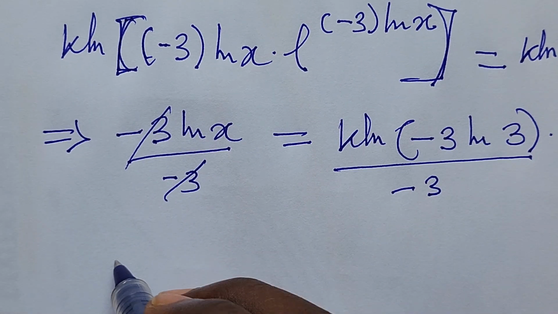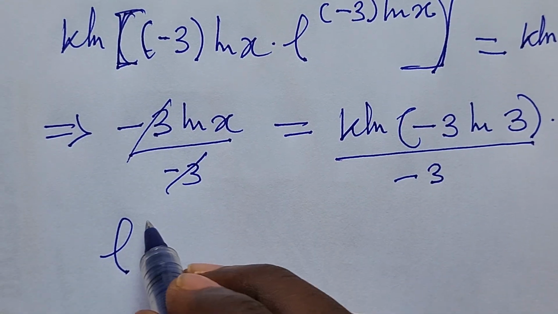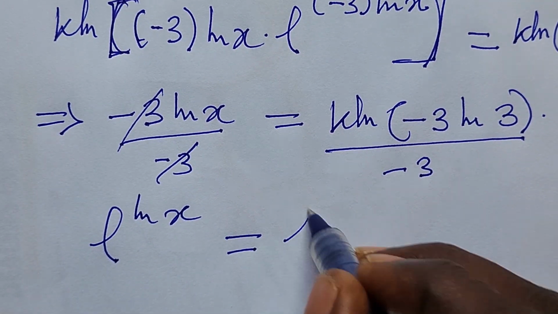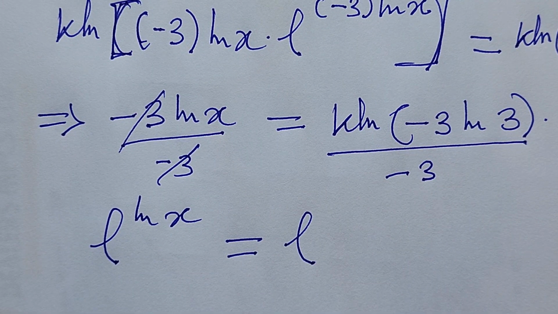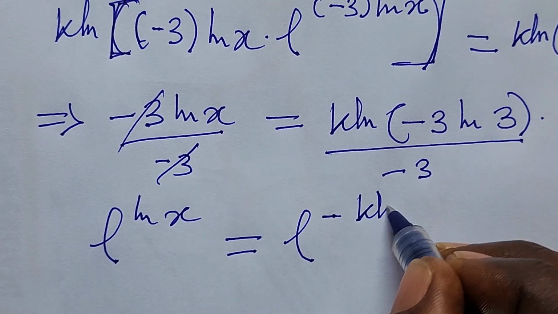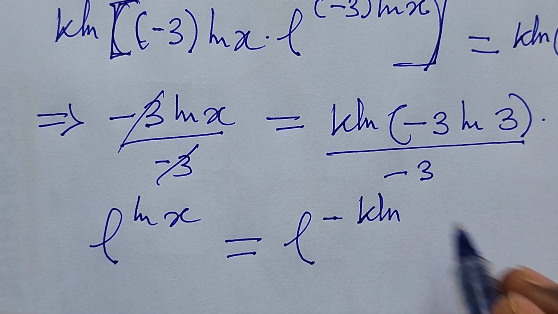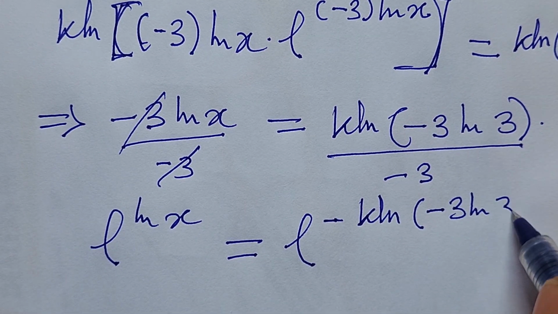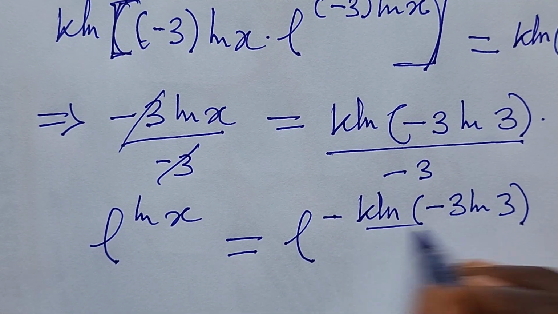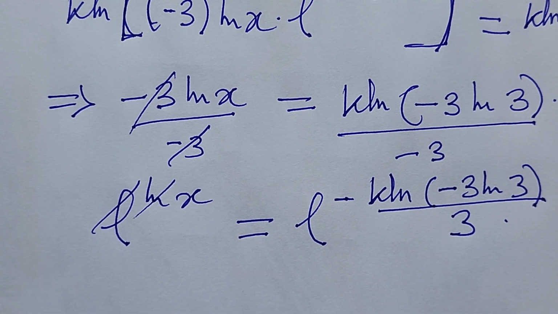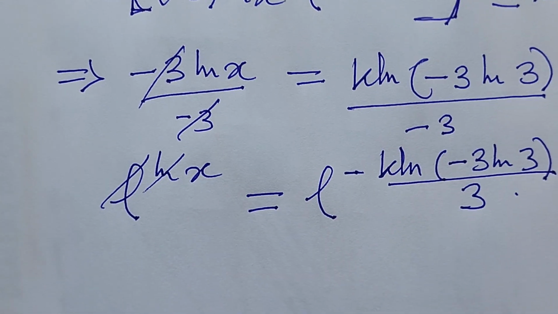So we're going to have e to the power of ln of x is equal to, we're going to bring in our e here also, to the power of minus the Lambert W function of (minus 3 ln of 3), everything all over 3. So again, this leaves the system, right?